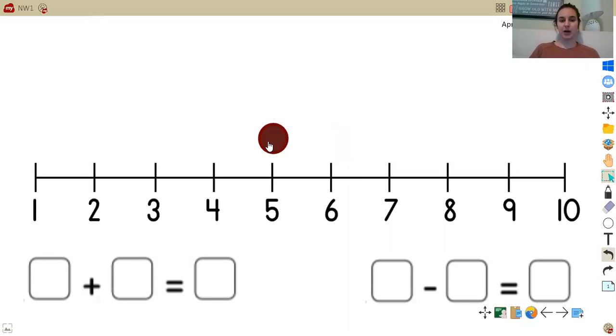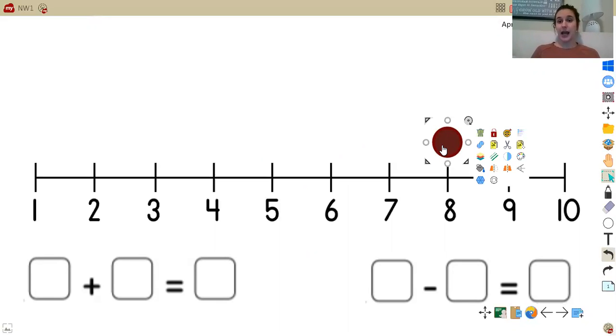So I'm going to take my ball, starting at 5, and I'm going to go 1, 2, 3. Now I'm going to stop right there. I'm not going to move my ball any farther because I'm only wanting to see what 5 and 3 more equals. I now see that 5 and 3 more equals 8.